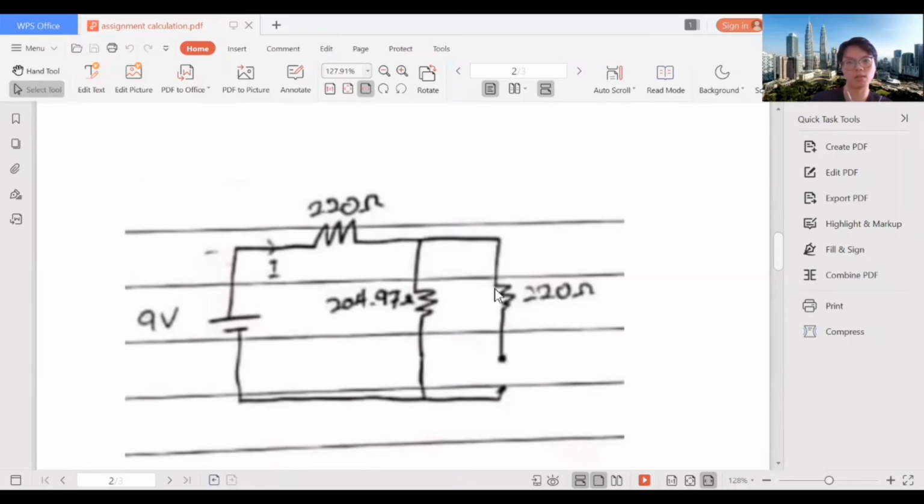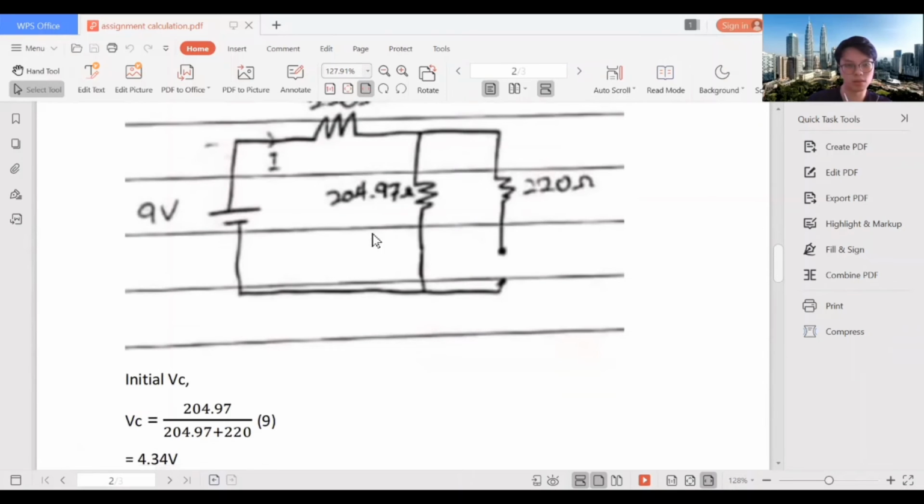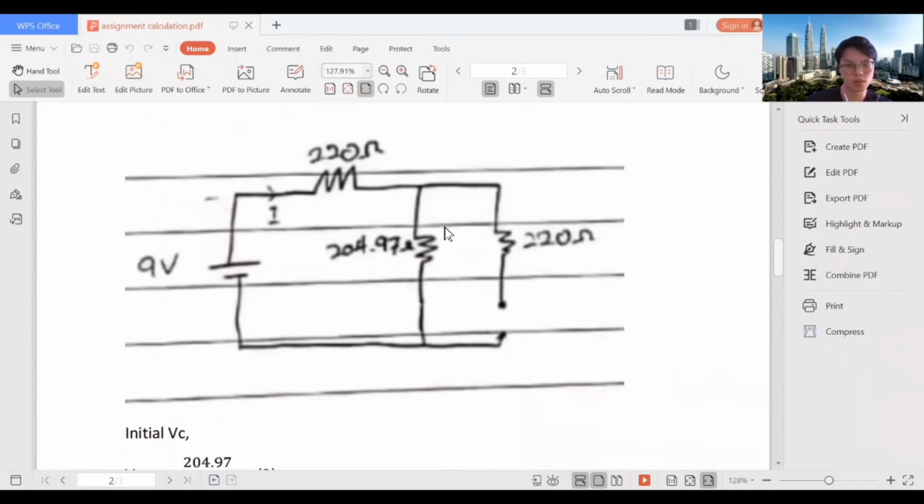So now we can start to find the initial voltage for the capacitor. We can find the initial voltage of the capacitor by using the voltage divider law. So the capacitor voltage is here, so it's parallel with the 204.97 ohm.